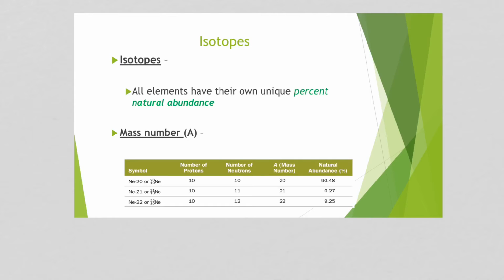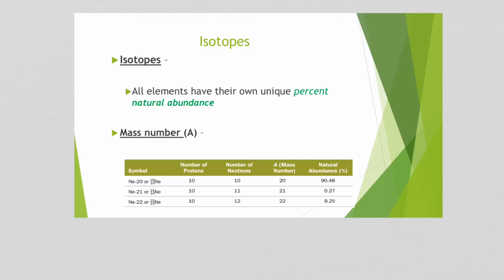So while ions are formed during a chemical reaction, I want to turn our attention now to another topic associated with elements, and that is this concept of what we call isotopes.